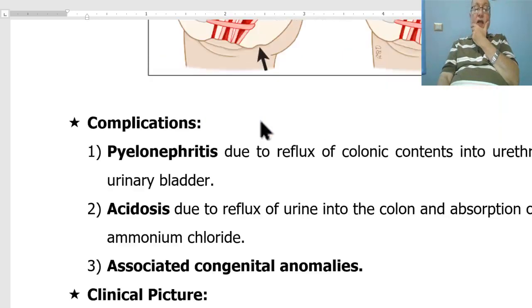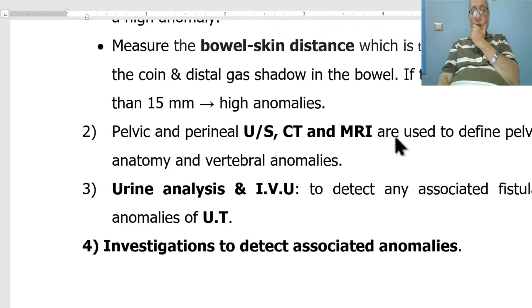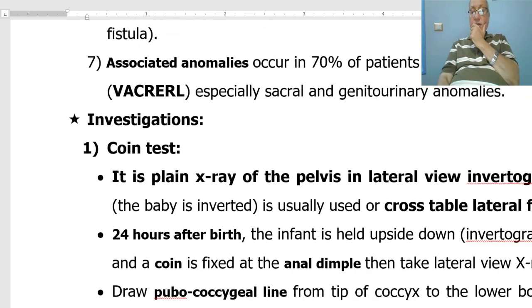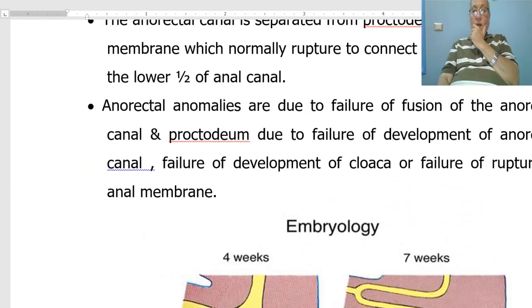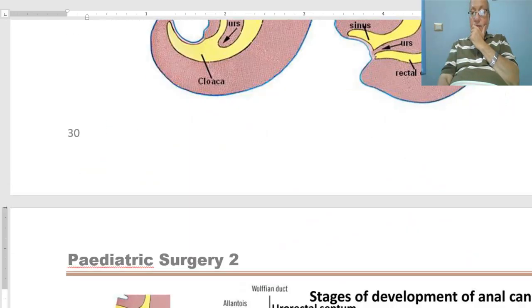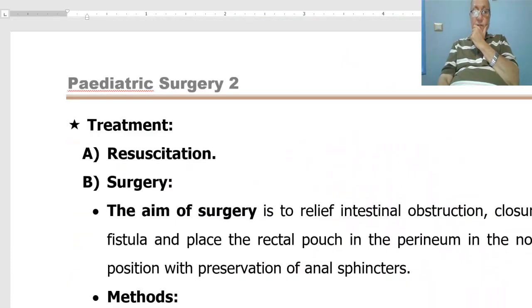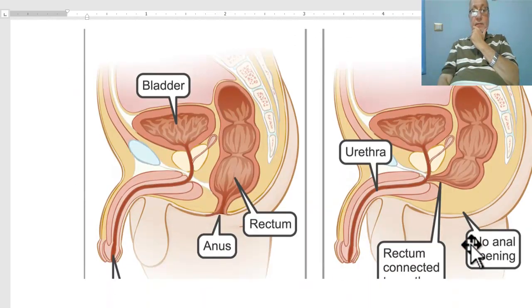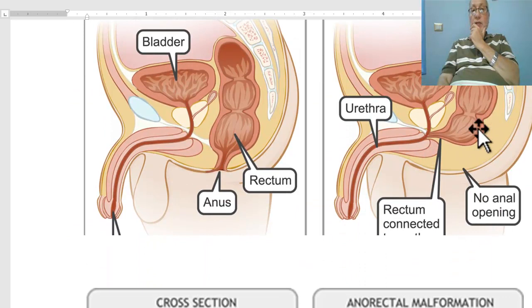If high anomaly like this, this is high anomaly. The traditional operation is 3-stage repair.